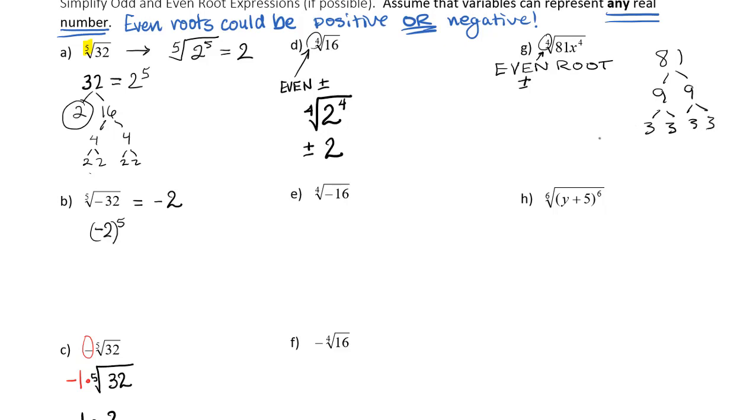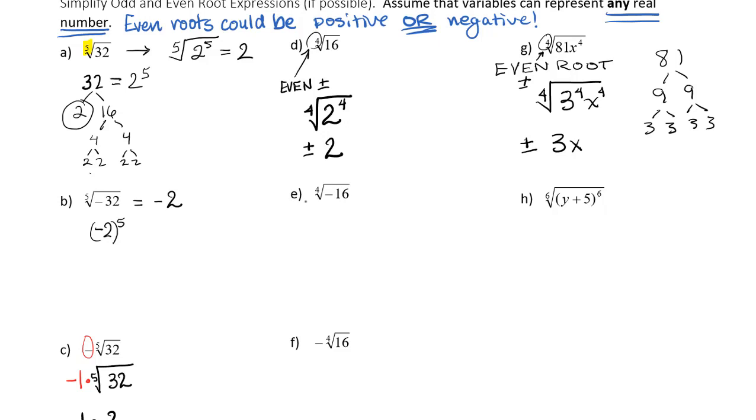So 3 to the 4th is 81. So I'm going to just rewrite this. We're going to have the 4th root of 3 raised to the 4th, x raised to the 4th. And so I'll have plus or minus 3x as my simplified expression.